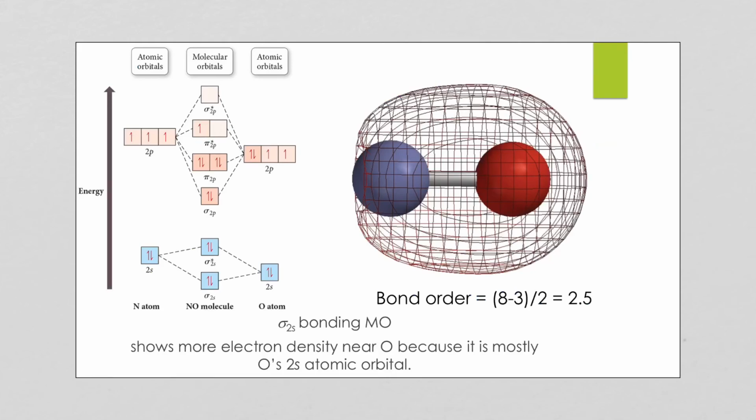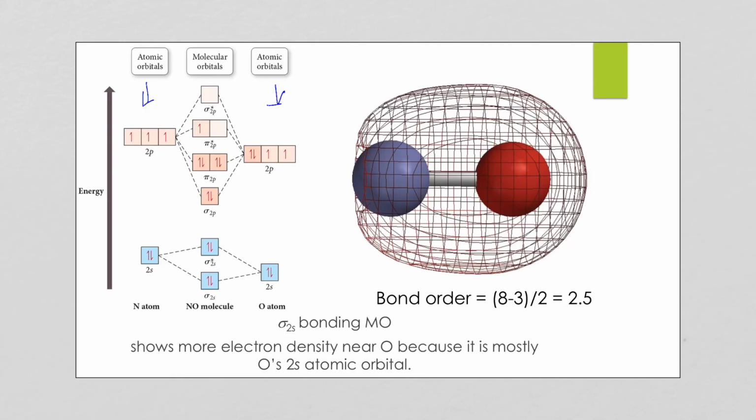So if we kind of look at this, we can look at NO, for example. If you look at the atomic orbital part of this diagram here and here, notice the original orbitals are not of the same energy. So the N2s is a little bit higher energy than the O2s. So when they form, the bonding orbital, right, is more like the oxygen, right?